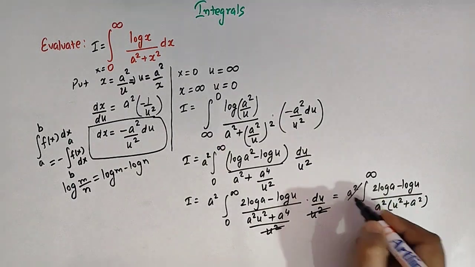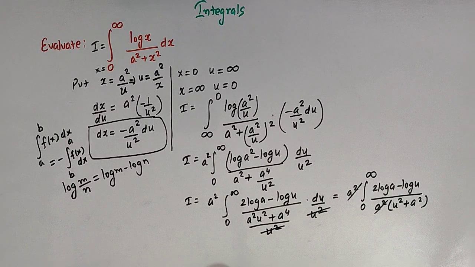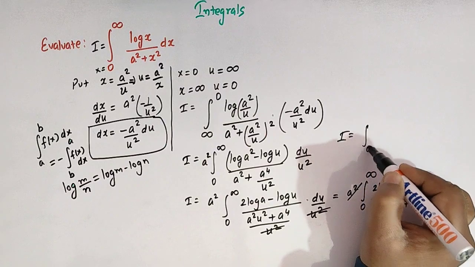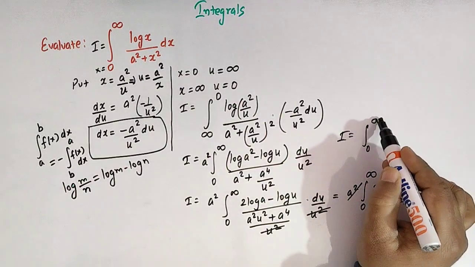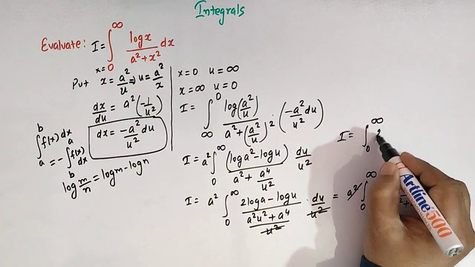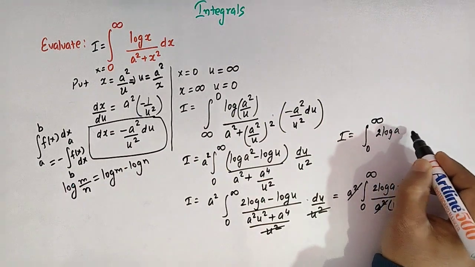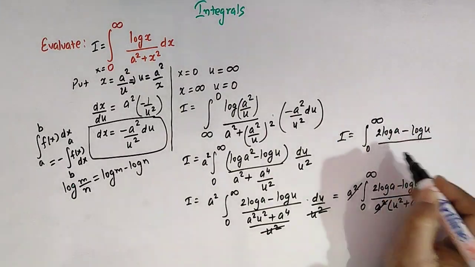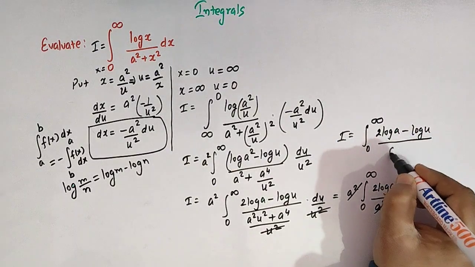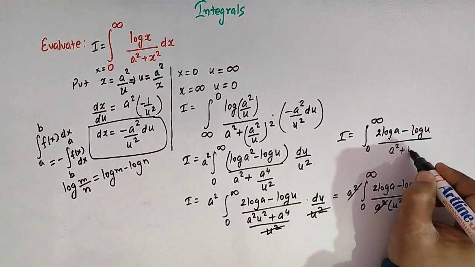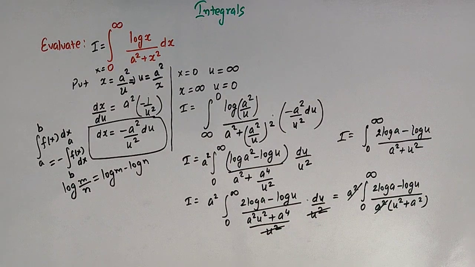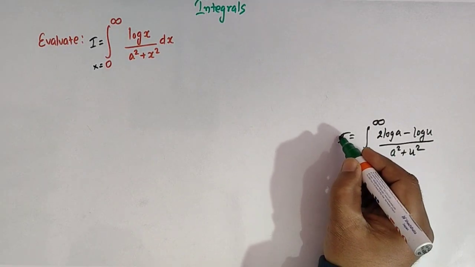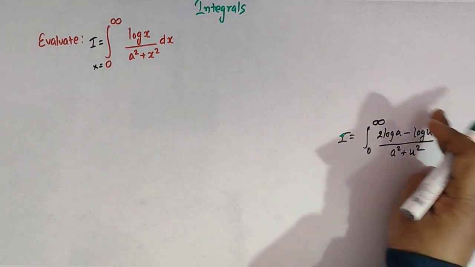Now this a square and this a square get cancelled, and now we have I is equal to the integral from 0 to infinity of 2 log a minus log of u divided by u square plus a square, or we can write it as a square plus u square. So now we have I is equal to this integral.